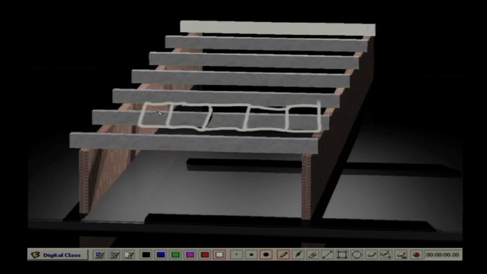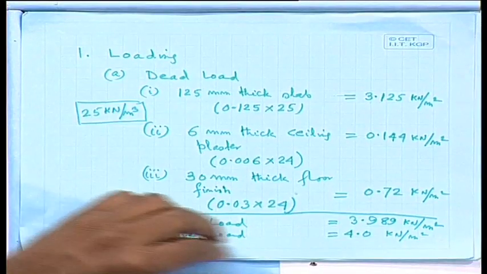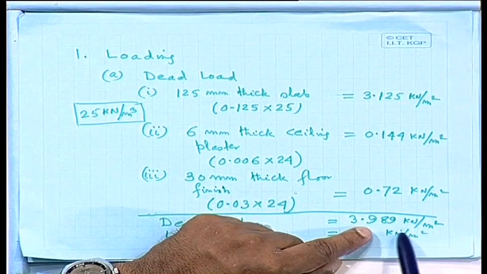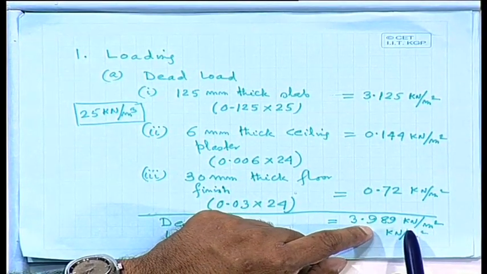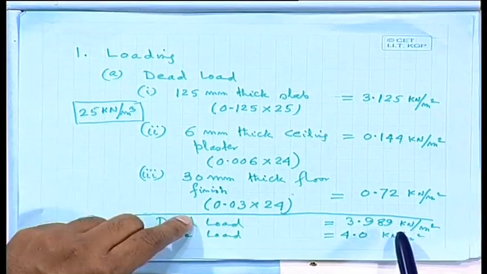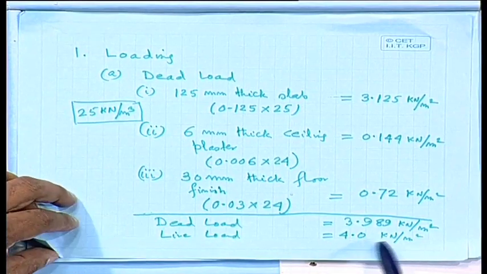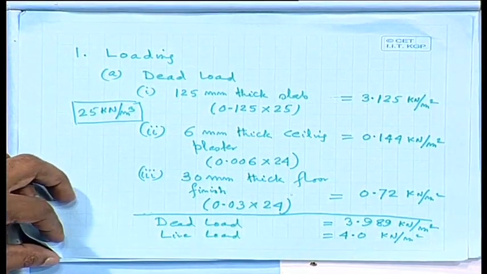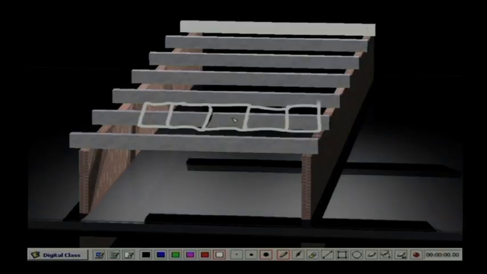We can get the load 3.989 kilonewton per square meter for dead load, and for live load 4 kilonewton per square meter, which you are getting within this area.